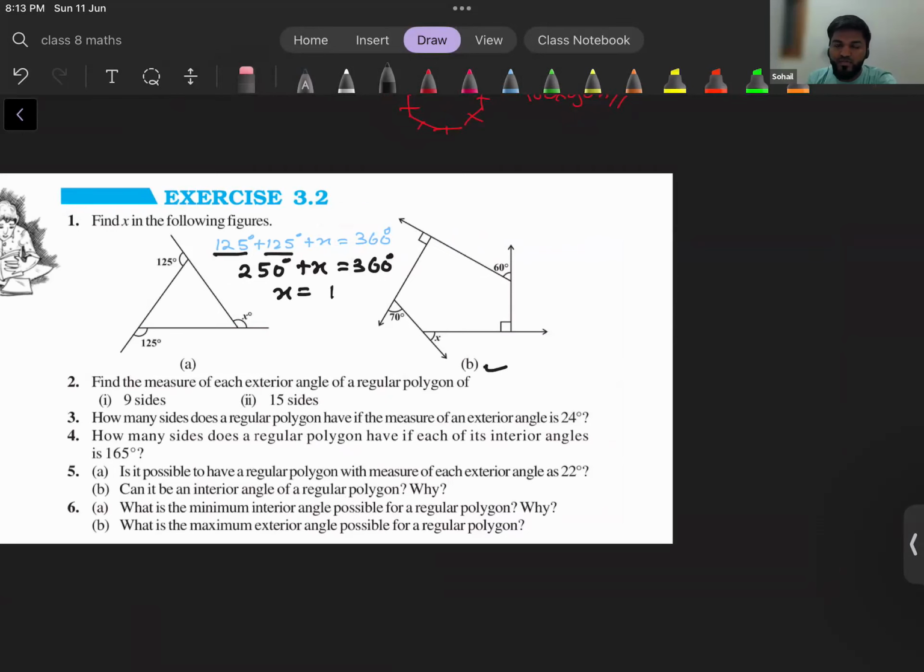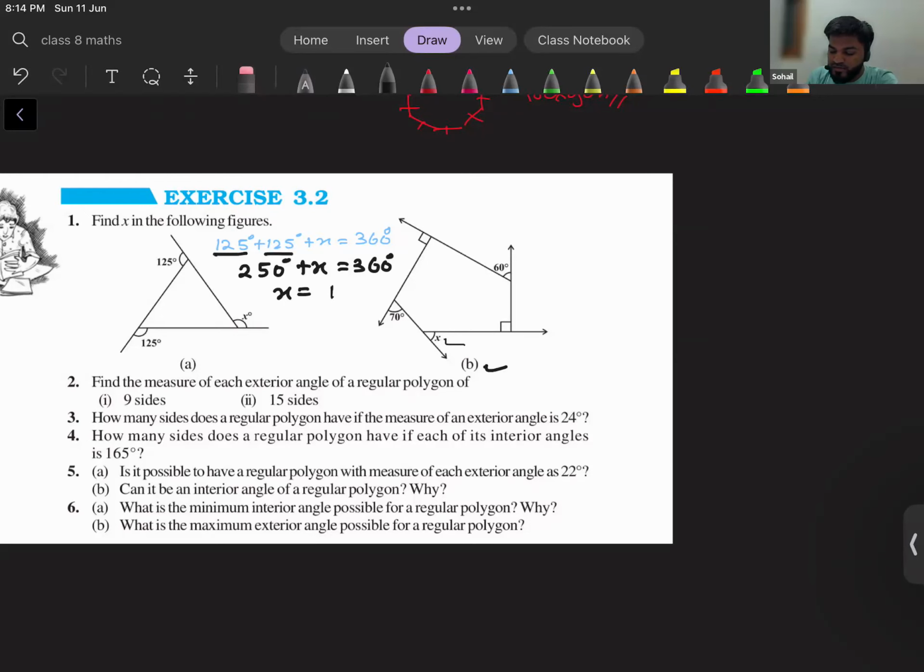No, that is wrong. 360 minus 250, that's what you have to do. You have written x equals 110, 125, then 110 and 230. Look, Arhan, you just need to find the value of x here. No need to write 110 and 230 here.